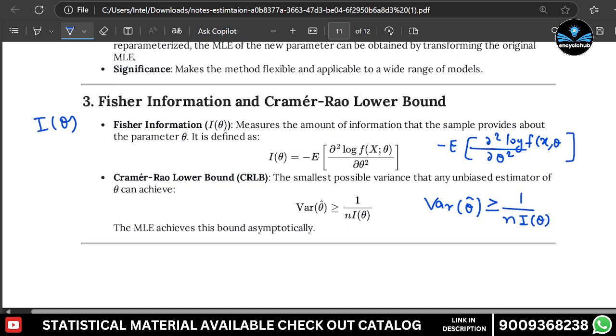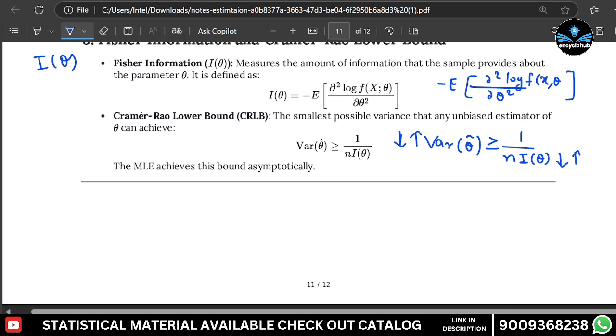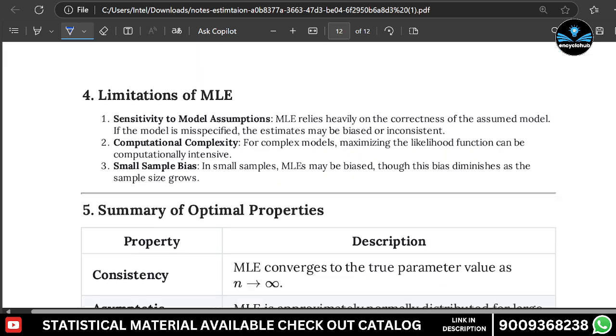More information, less variance; less information, more variance. So this is inversely proportional. So Fisher information says that we need a lot of information for providing a better, that is lower, variance. This is the property that we have discussed.